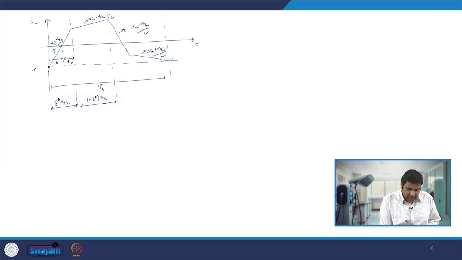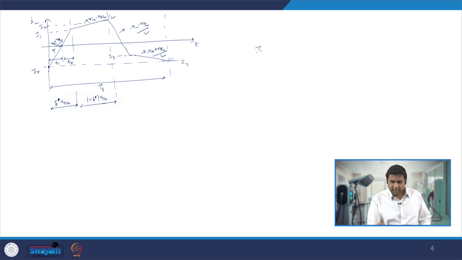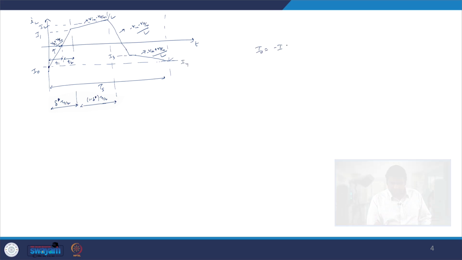And here we have taken I0, I1, this is I2, this is I3, and this is I4, and we have already defined I0 equals minus I2, which is nothing but equal to I4, and I3 equals minus I1.